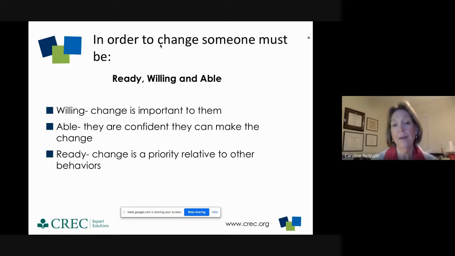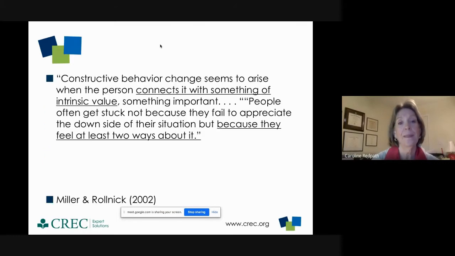So we have to find what's important to the individual. Readiness is a relative importance. I want to do that right now. So that has to become important in context to priority for other behaviors. That's kind of a key.